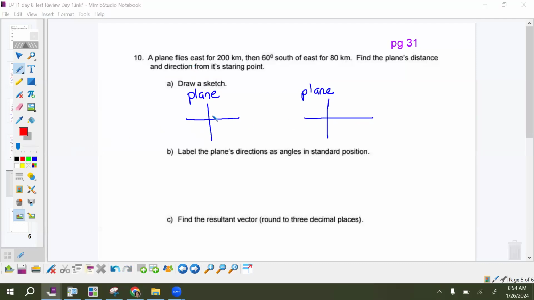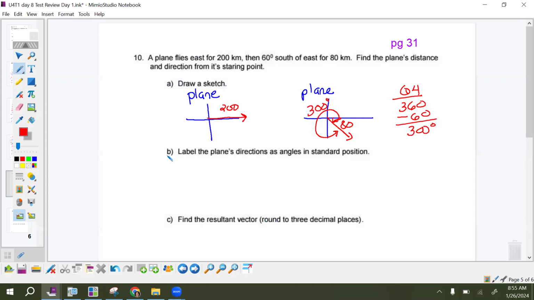Plane flies east to start at 200, then 60 degrees south of east, which means this angle is 300, so 360 minus 60, and a length of 80. Label the plane angle in standard position. Oh, I just did that. Huh. Okay, well, let's explain it more. In quadrant 4, we've got 360 minus the reference angle they give us, because this was 60 degrees. That's how I got 300.